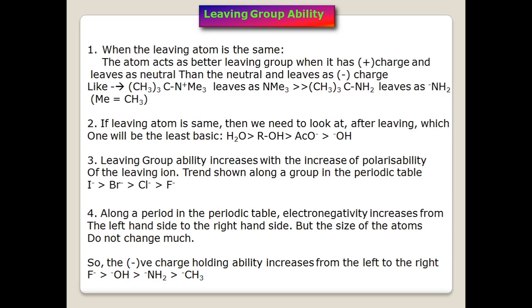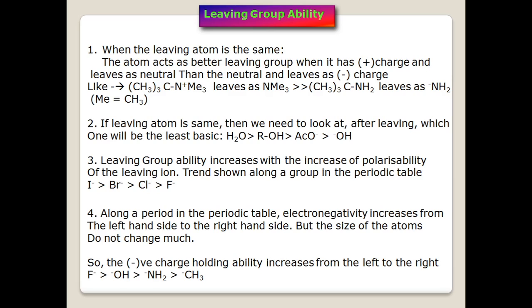Polarizability is the opposite term of charge density. Charge density means charge per unit area. For fluoride, charge density is maximum, and for iodide, charge density is minimum. The more the charge density, the less stable the species. You should remember this point.